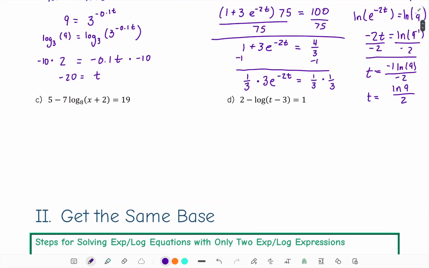Now for C, again, I have one log expression, and it's the only expression that contains a variable. So I'm going to subtract 5 from both sides. Divide by that negative 7.